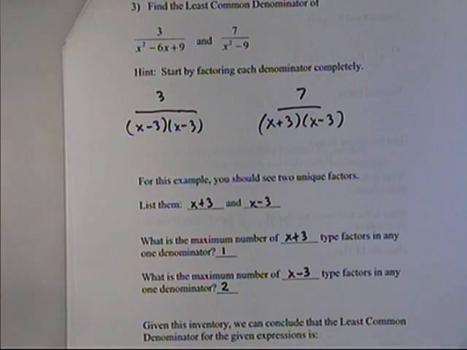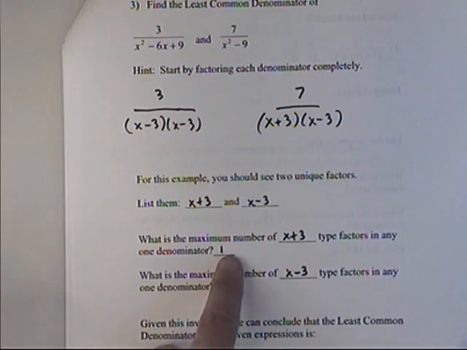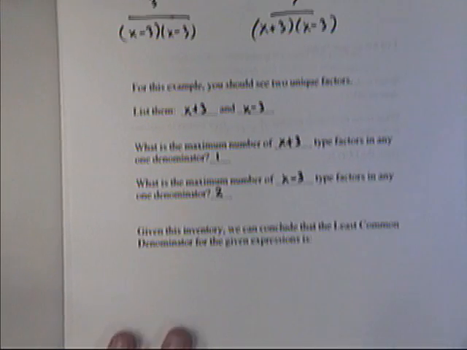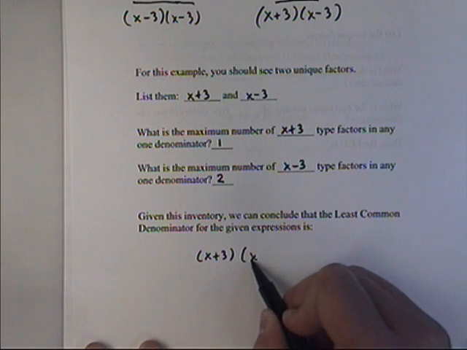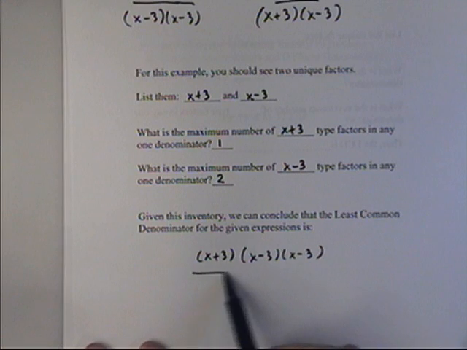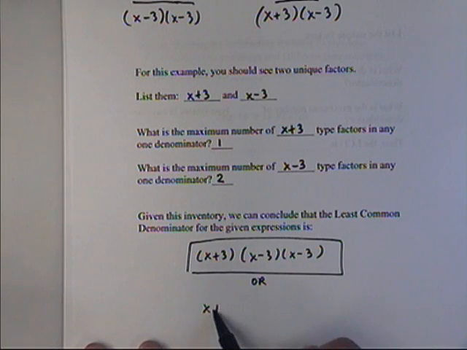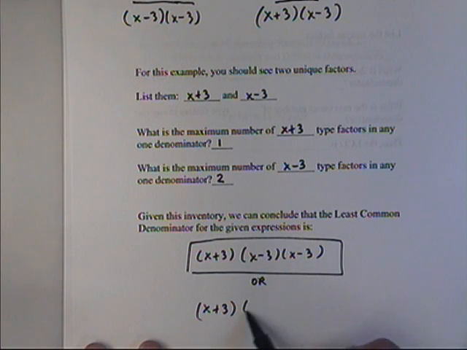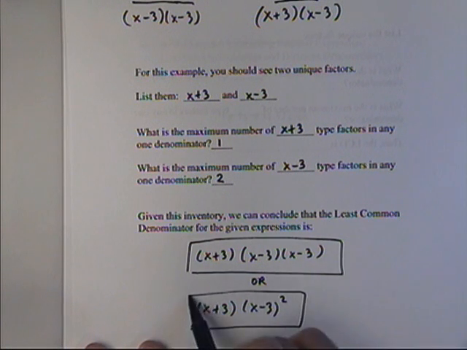Therefore, the least common denominator of this and this would be 1 of these and 2 of these. So I'm going to write that down. I have 1 x plus 3 and 2 x minus 3s. So you can write your answer like this, or sometimes when we have two binomials that are exactly the same, x minus 3 times x minus 3, we can write that as x minus 3 quantity squared. That's also perfectly acceptable.